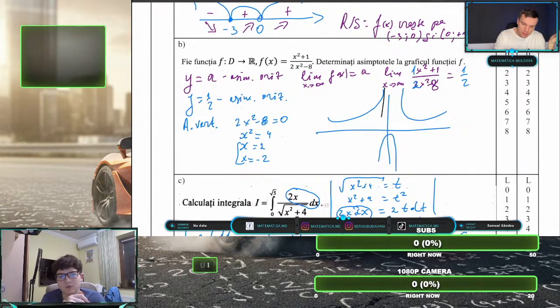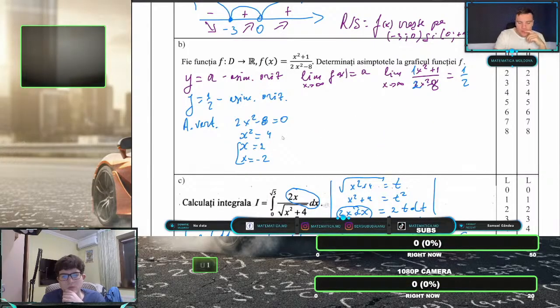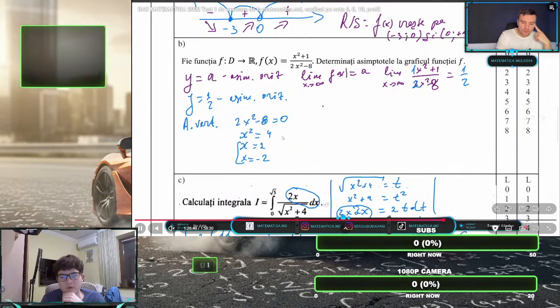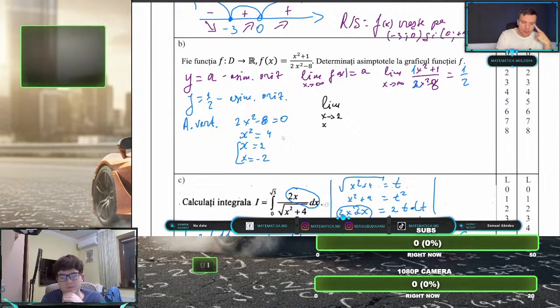So that's exactly what it is. So now what? So if it's smaller than 2, that's basically what you got there. x is 2 and x is minus 2.